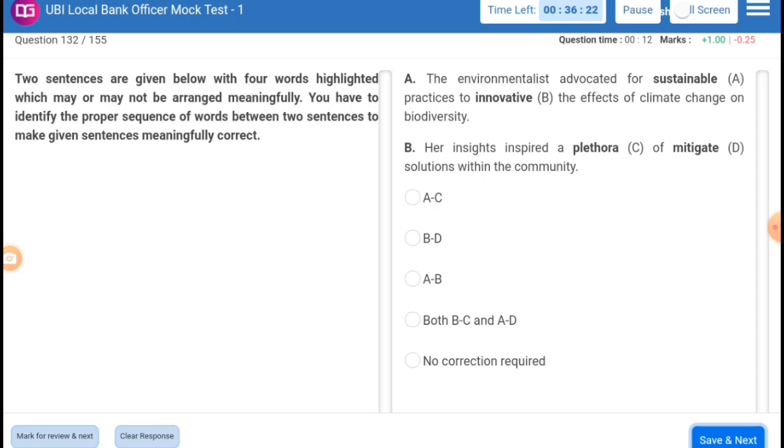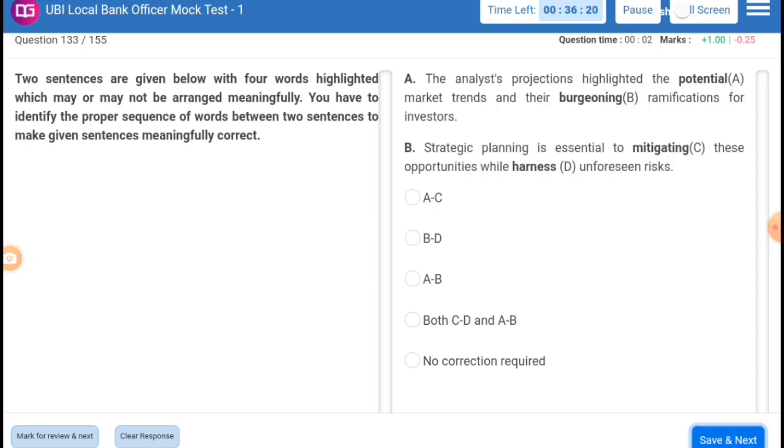So BD. The analyst projections highlighted the analyst projection highlighted the.